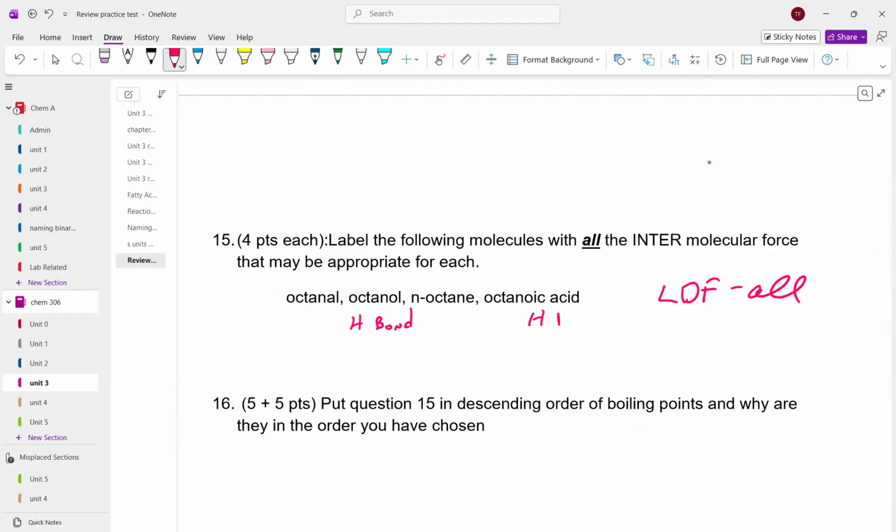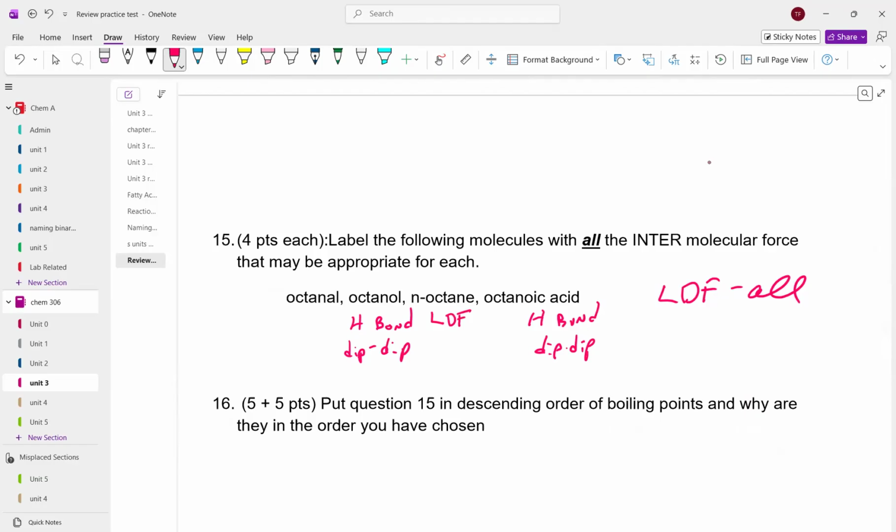So does the acid. This also has dipole. So does this. That's from this carbon to the oxygen. And this just has LDF only.